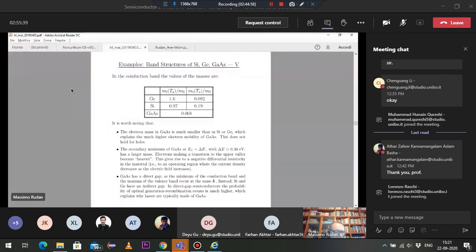So it would be preferable to have in silicon, for instance, only light electrons, okay?